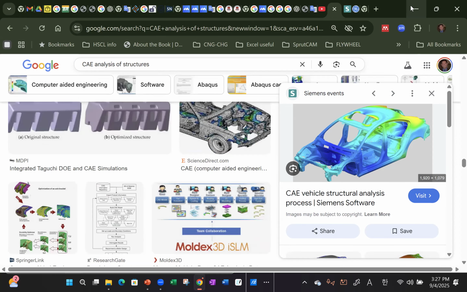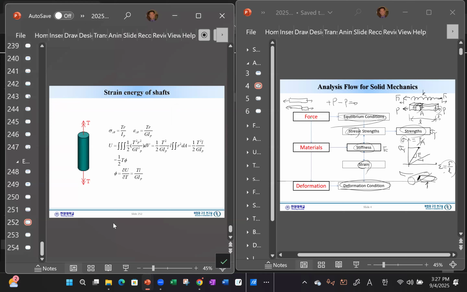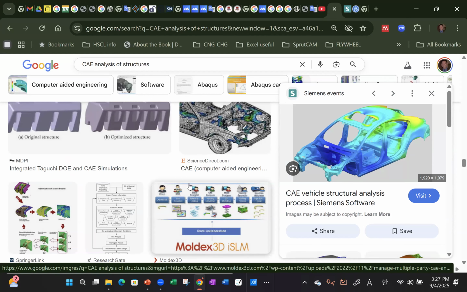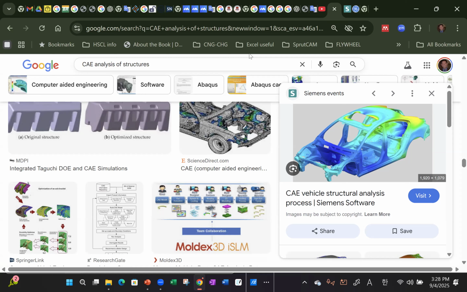Okay, so again, to do so, understanding the theory of this, to be a CAE engineer, we need to understand additionally energy method. Okay, that's all I'd like to emphasize in today's class. Okay.